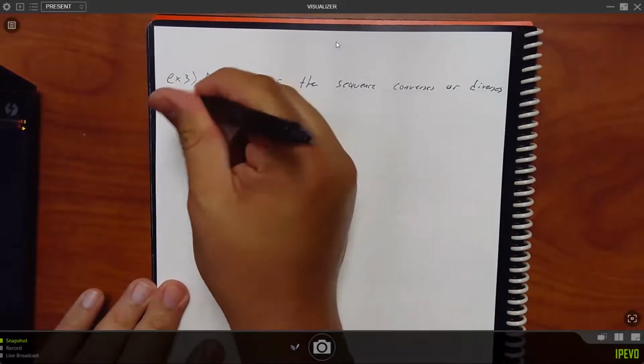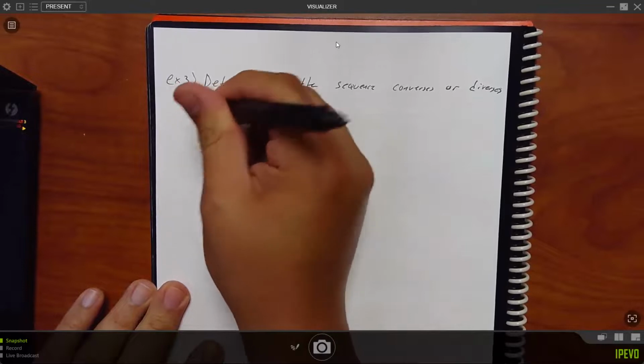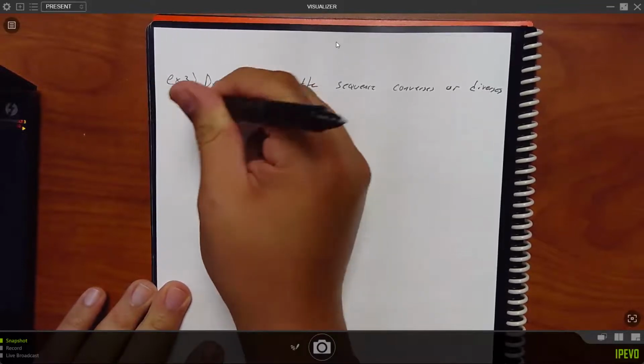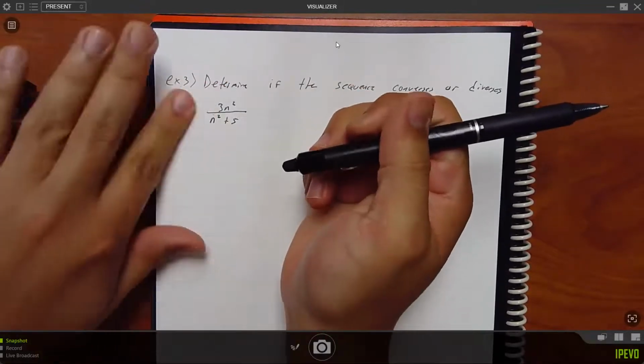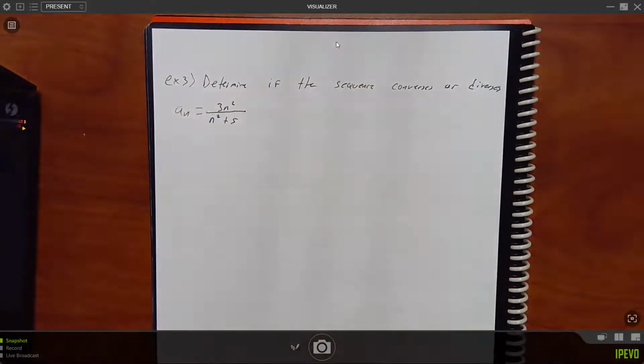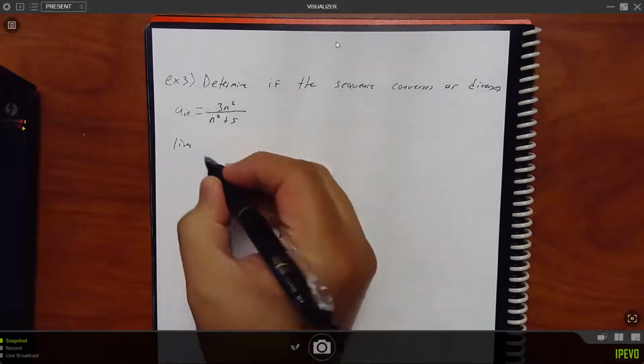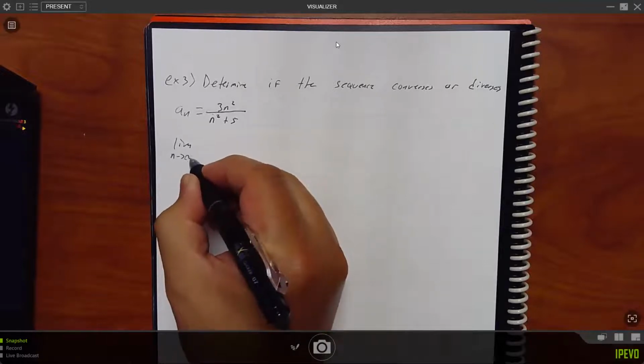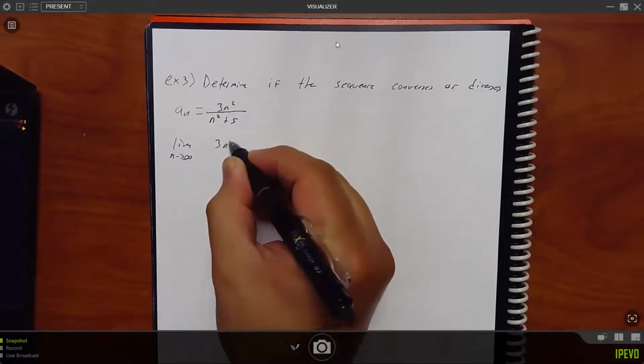It's only going to say that. That's the first step. They're going to give you a sequence. You need to determine, does it converge or diverge? The only way to tell is to take the limit as n approaches infinity and see what the sequence does.